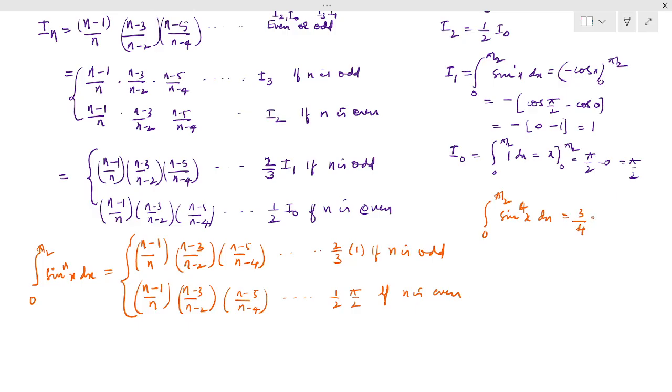So 3 by 4. Then 4 minus 3 is 1, divided by 4 minus 2, which is 2, and the last value we take as pi by 2. The answer is 3 pi by 16.